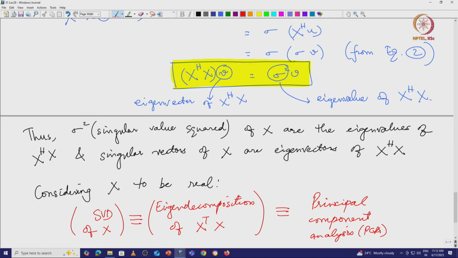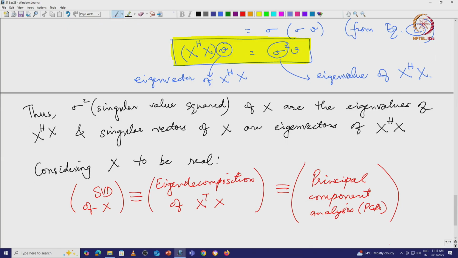So, thus we have demonstrated a link between singular value decomposition of the data matrix and eigen decomposition of the covariance matrix. Remember, this is n minus 1 times the covariance matrix, with standardized data.